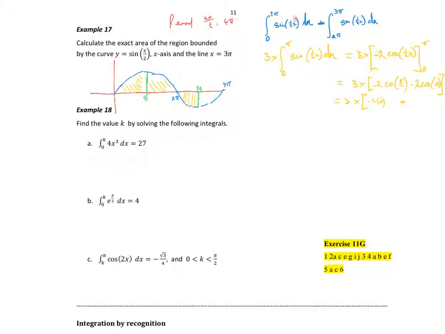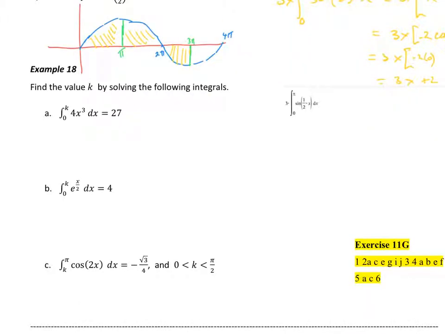It should be a minus in there: minus, minus, negative 2 cos of 0, which is 1. Bit messy. So it's 3 times positive 2, which is equal to 6 units. Again, we might put a calculator dump in there to show it. I'll do that now, actually.